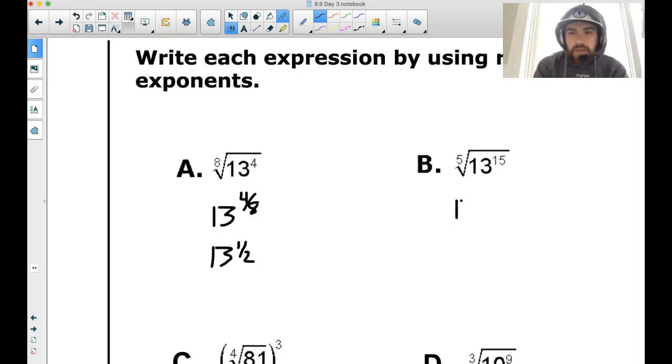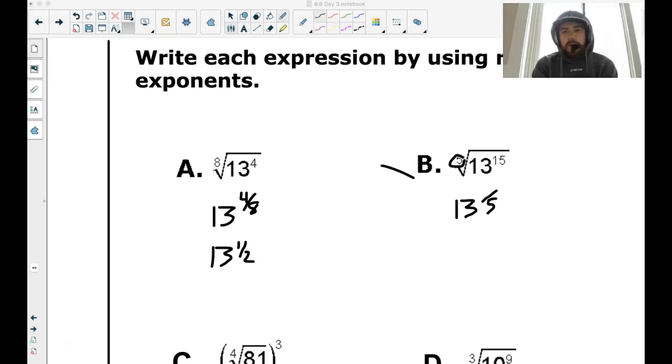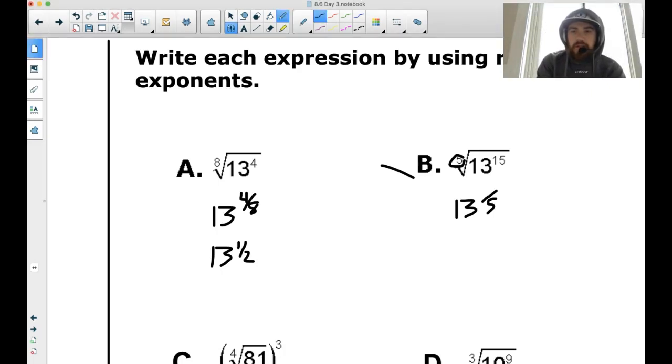B over here, same thing. The radicand is 13. So the index of the root, that's 5. That's going to be your denominator. Okay, so it's going to be over the fifth power, so it's 13 to the 15/5.